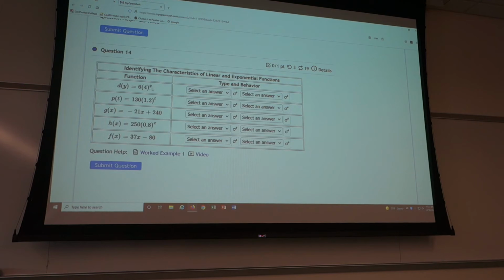Is that linear or exponential? Exponential, right, C times A to the X, in a way. This one here, this is linear. Everyone see this one here? Right, so this is exponential, and is it increasing or decreasing? Is it going up or going down? Increasing, because my growth factor is larger than 1.